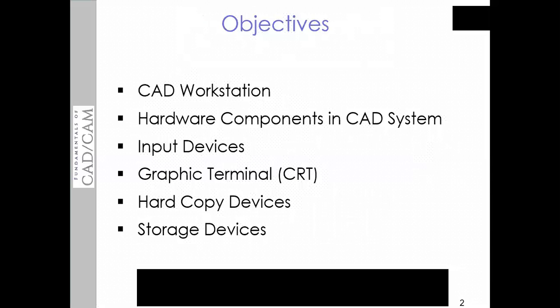Finally, we will also discuss the storage devices used in CAD side, because a CAD file consists of a huge amount of data when you create a model, so we will see the devices used to store this huge amount of data.